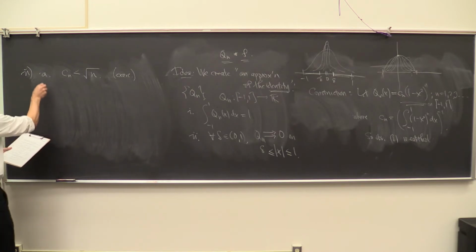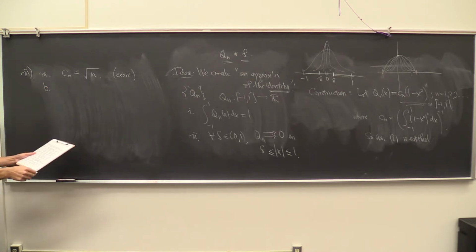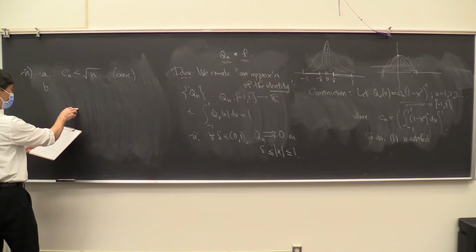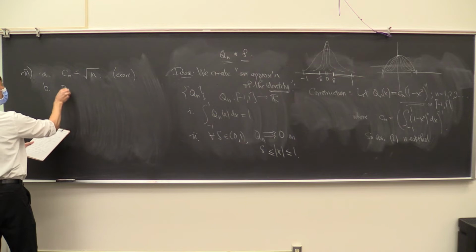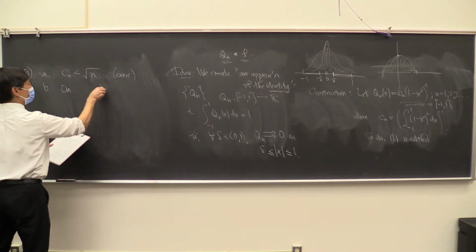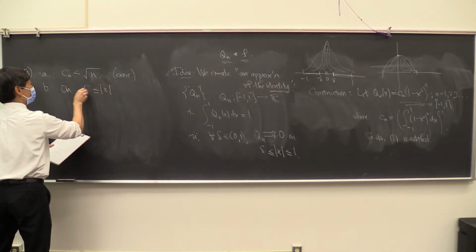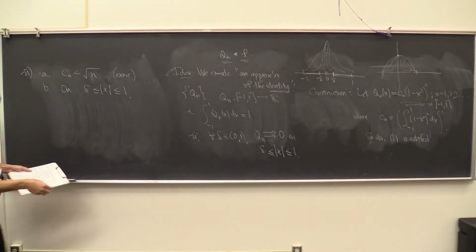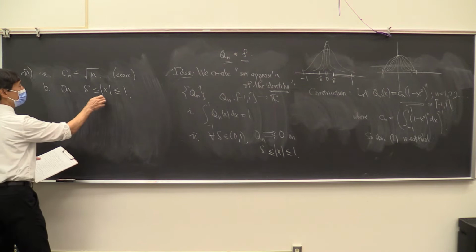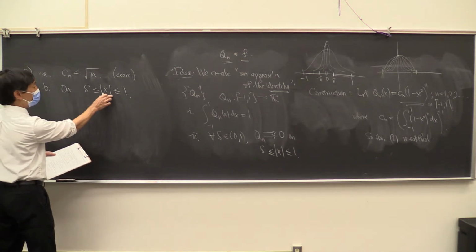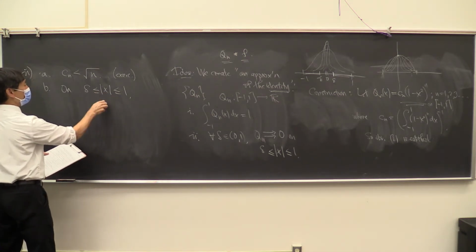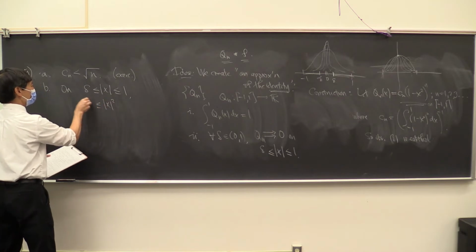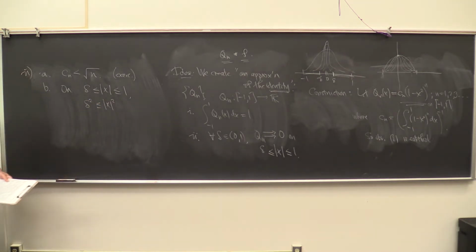And then the second part of it is to notice that if we are on this set, then sort of obviously, the absolute value of x is bigger than delta, so the absolute value of x squared is bigger than delta squared.